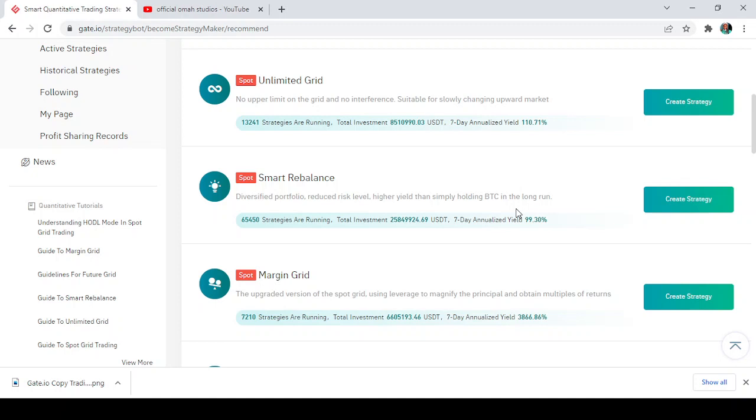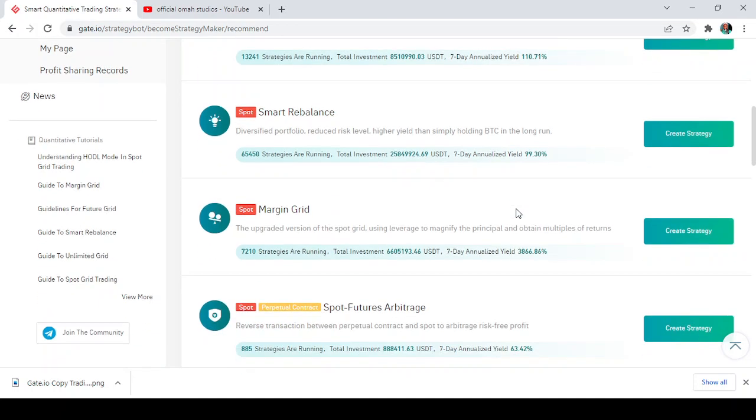So the next one is margin grid. It says the upgraded version of the spot grid, using leverage to magnify the principal and obtain multiples of returns. So this one you get multiples of returns. It combines the spot grid strategy with margin trading and amplifies the invested principal to obtain higher returns in grid trading through margin lending.